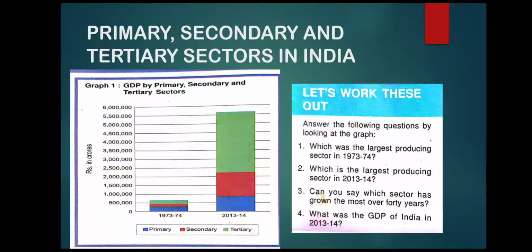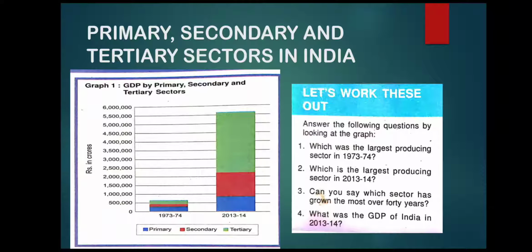But over here in the year 2013-14, the contribution of primary sector has decreased and the contribution of secondary sector is much more than primary sector, and the highest contribution is being done by tertiary sector. So there are few questions that need to be answered over here.